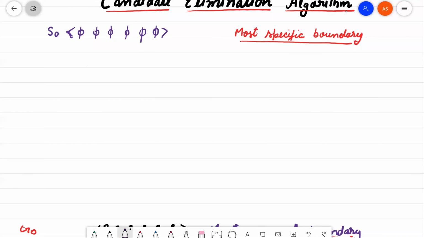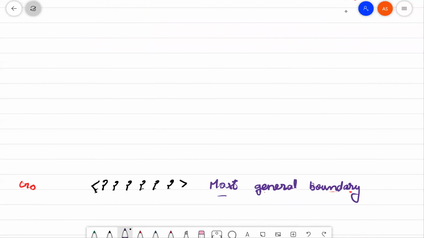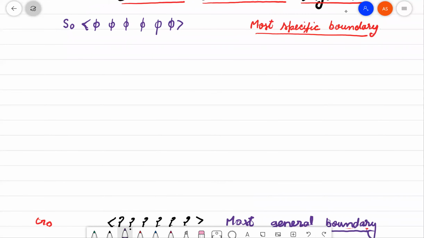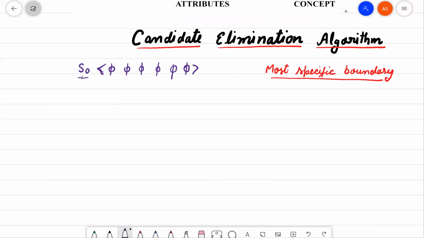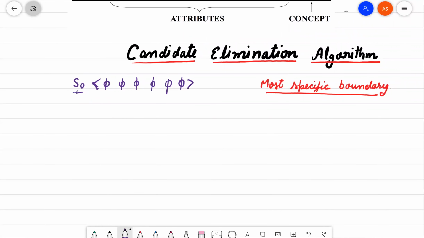the first step is to initialize the most specific boundary and the most general boundary. We initialize the most specific boundary with the S0 symbol, and here we have taken 6 phi symbols. Why? The same procedure will be followed for positive examples.